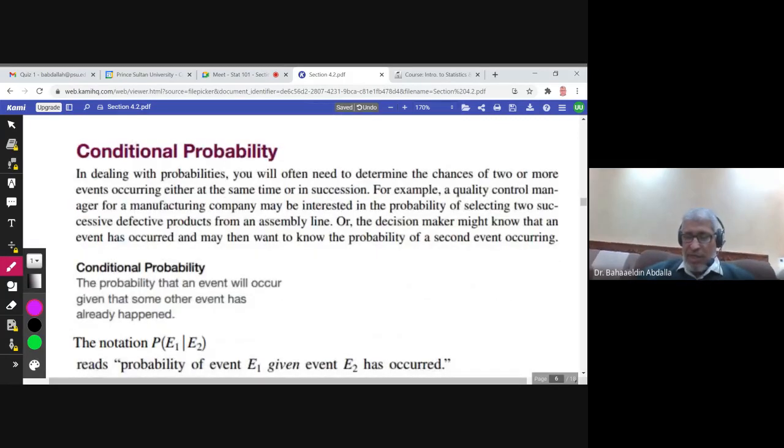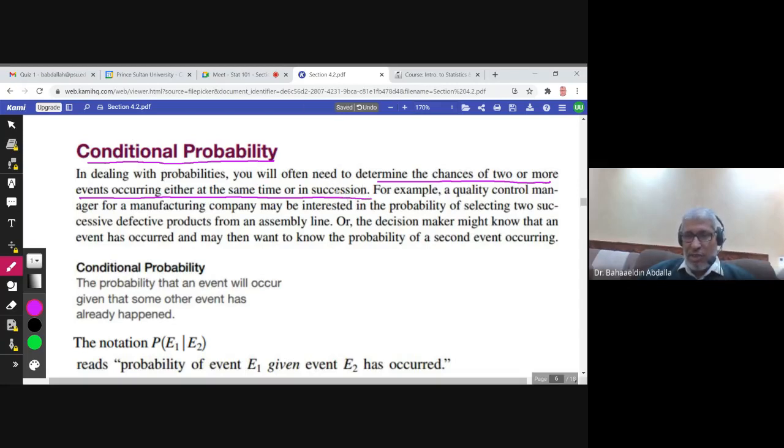Let us take an introduction to conditional probability. This is a very important type of probability, conditional. We will sometimes need to determine the chances of two or more events occurring either at the same time or in succession.